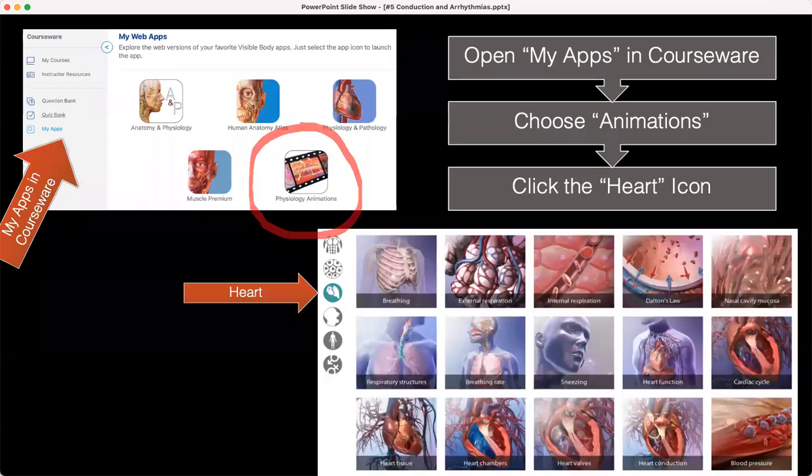And to find these animations, you can go under My Apps in courseware, and then go under Physiology Animations. And then within that, you'll pick the heart. But all of these others are great animations.